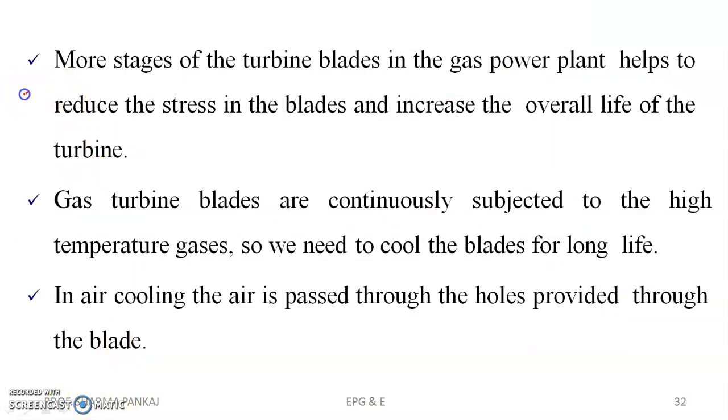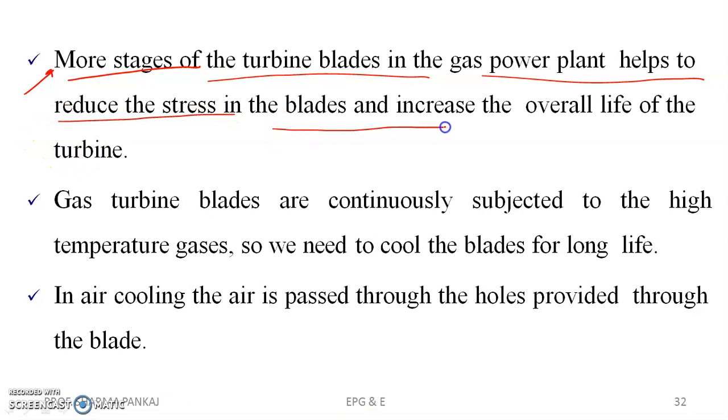The next point is more stages of the turbine. More stages of the turbine blades in the gas power plants helps to reduce the stress in the blades and increase the overall life of the turbine.